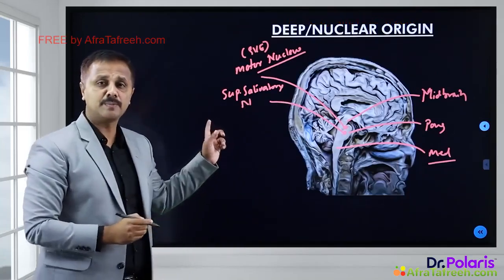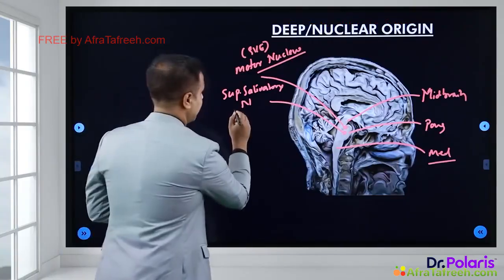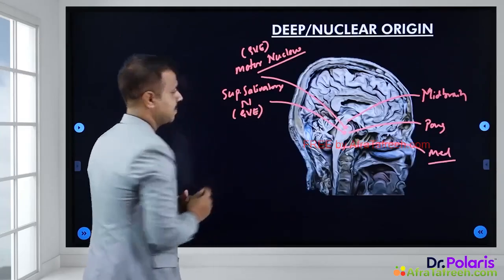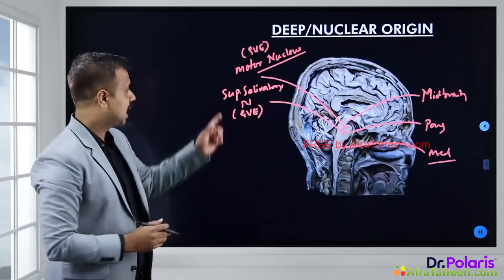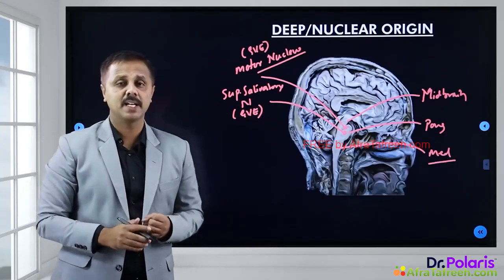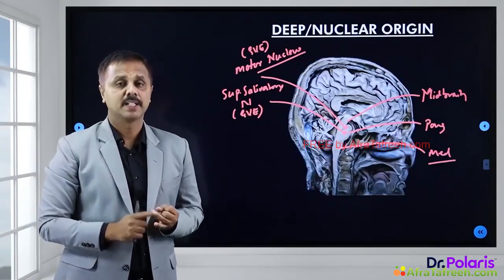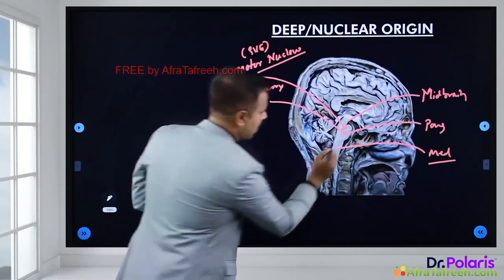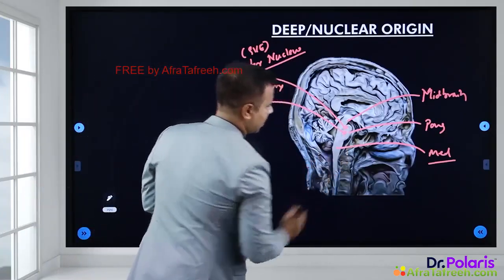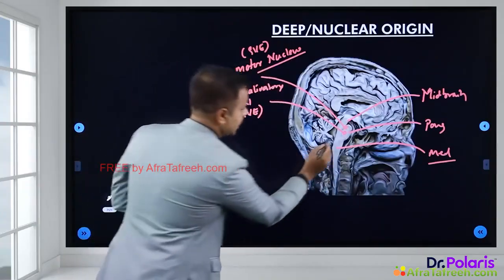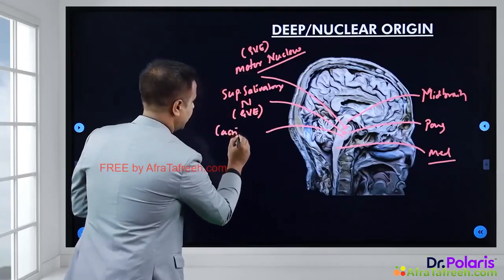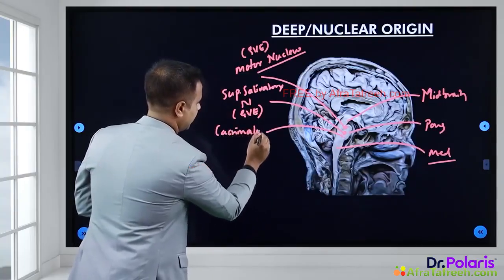And what functional column does this represent? Remember, this represents the general visceral efferent column. Right? Now, superior salivatory nucleus will supply the submandibular salivary gland and the sublingual salivary gland. In addition to this, a small nucleus is present in the caudal part of the pons, and this is referred to as the lacrimatory nucleus.